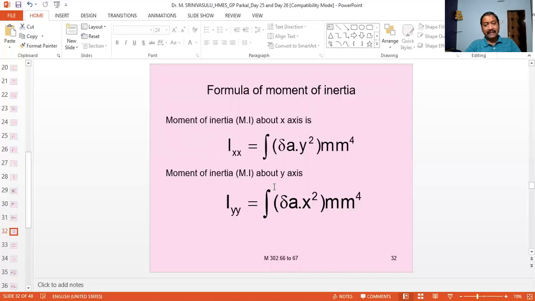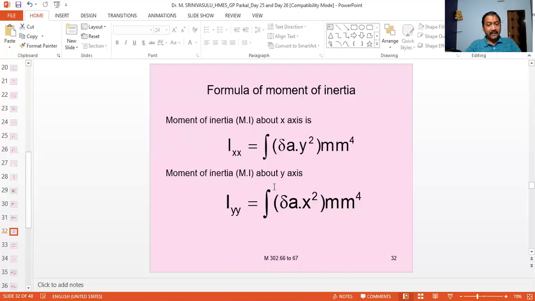So Ix is equal to the integration of dA into y square, and Iyy is equal to the integration of dA into x square. This is only the moment of area. Here there are no masses; we are considering only the areas of the figures or laminas. That's why it is called the moment of area.